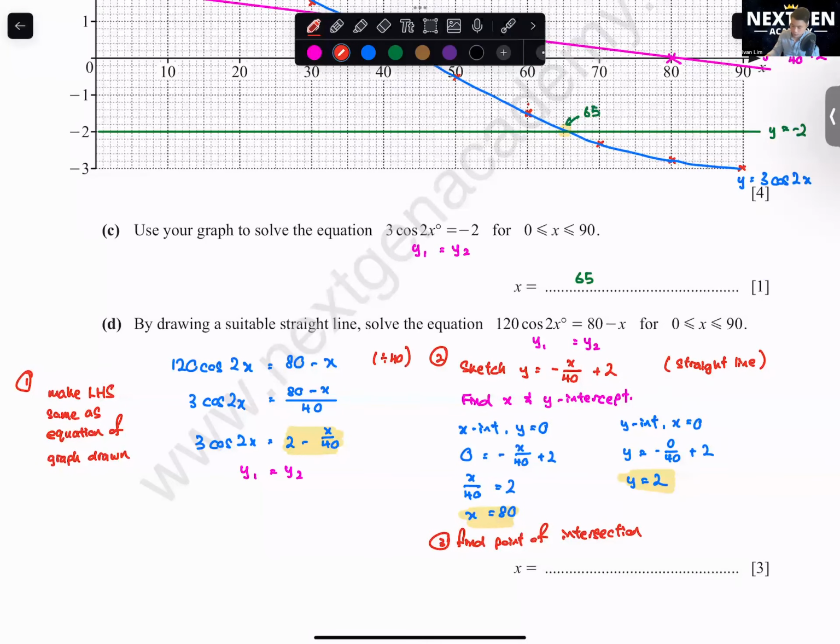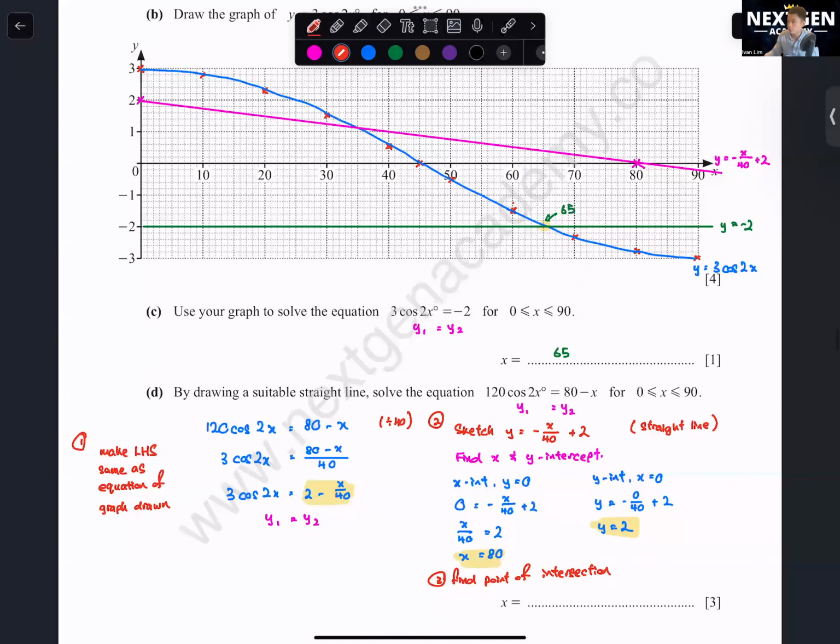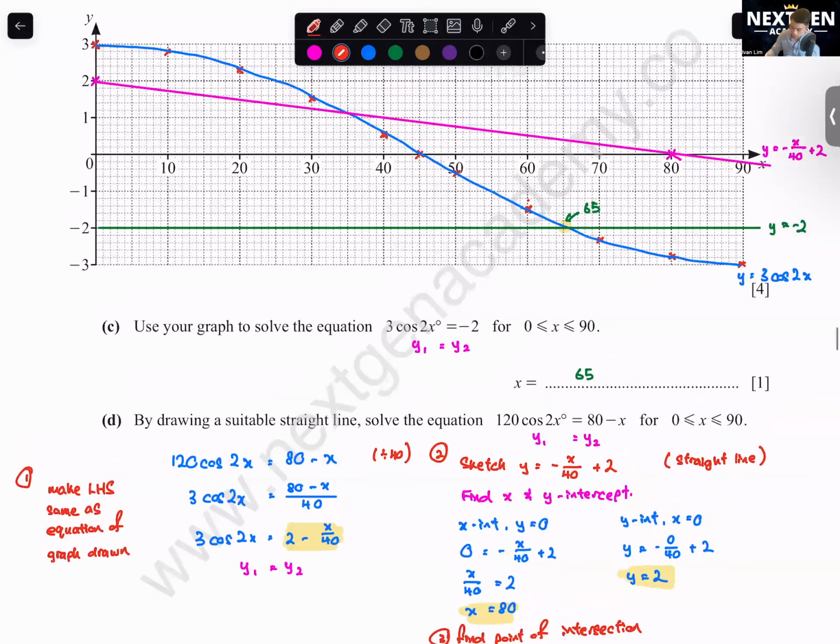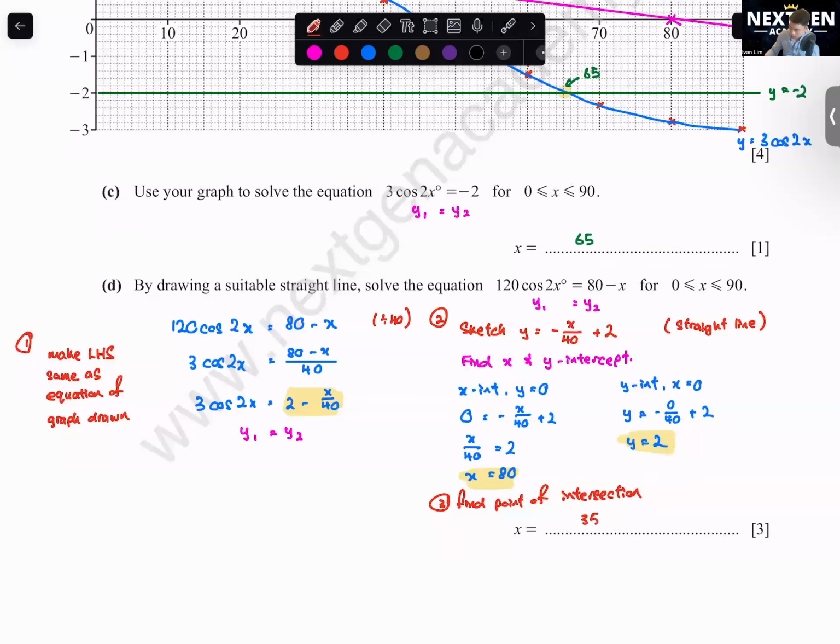Yeah, this step can be quite tedious. Based on your graph, you see where exactly is your point of intersection. Based on mine, this one is 35. So x is equals to 35. In the mark scheme, they accept from 32 to 36.